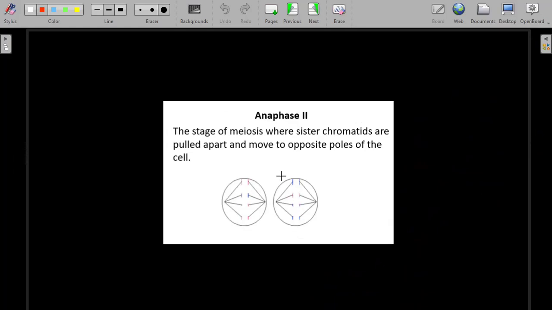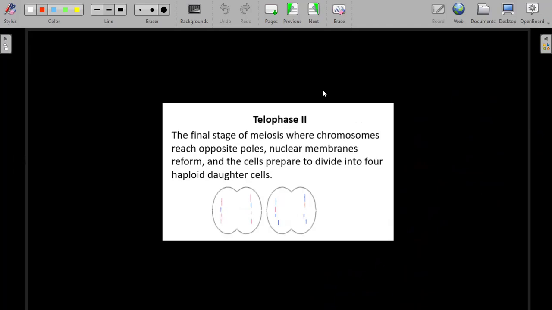After the separation, you will undergo telophase. That's where again the nuclear envelope appears and the spindle fibers disappear. Then you end up having four daughter cells towards the end.